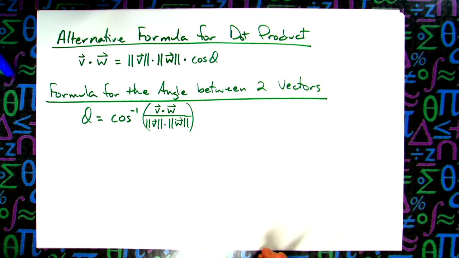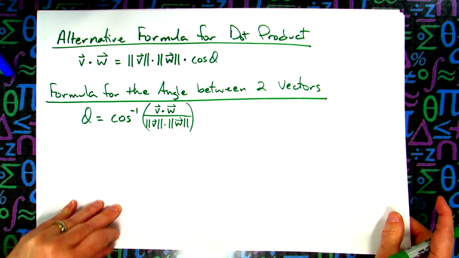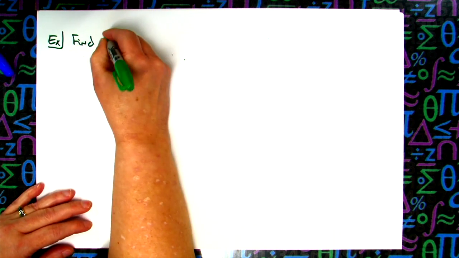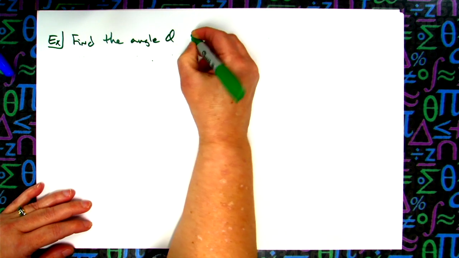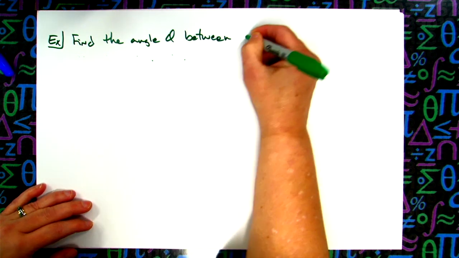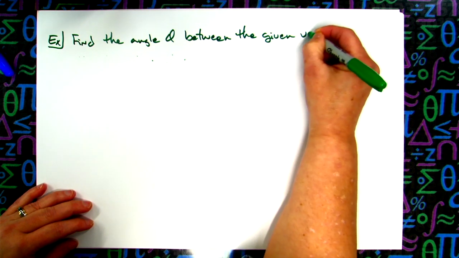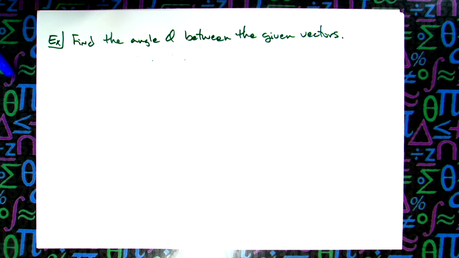All right. Now, I think I'm going to go to a new piece of paper because it gets kind of long. Okay, so we'll do an example of where we've got to find the angle. As an example, if they ask you to find the angle theta between the given vectors.